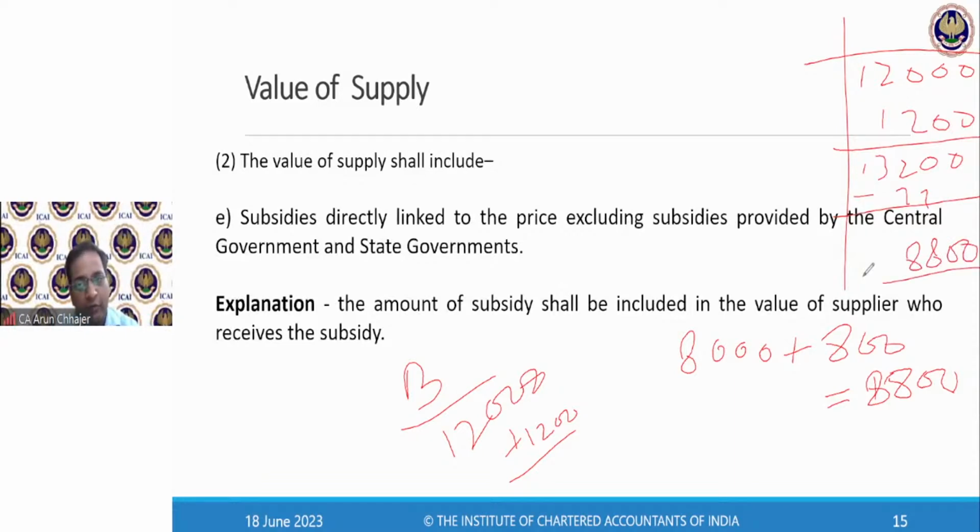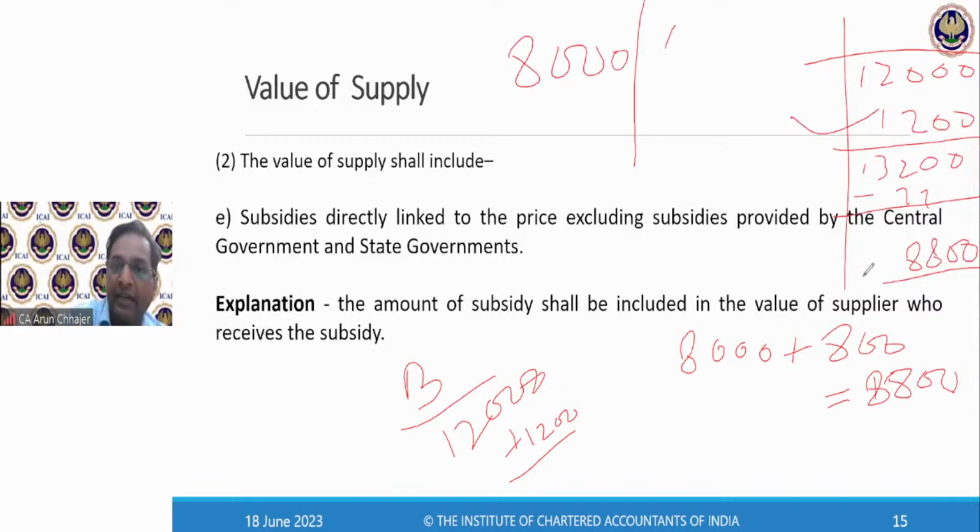So C will pay 8,800. B will pay the actual liability, or there may be another practice. One invoice will be 8,000 plus 800 and another invoice only for the purpose of making the payment of the tax on the subsidy. Is that clear?